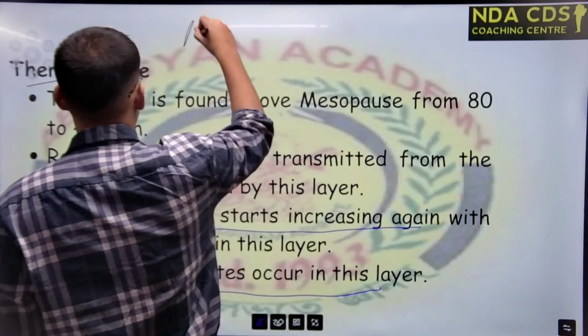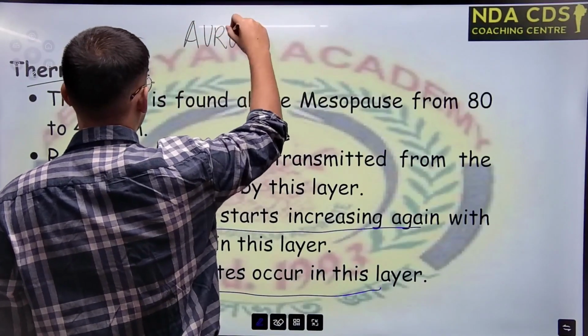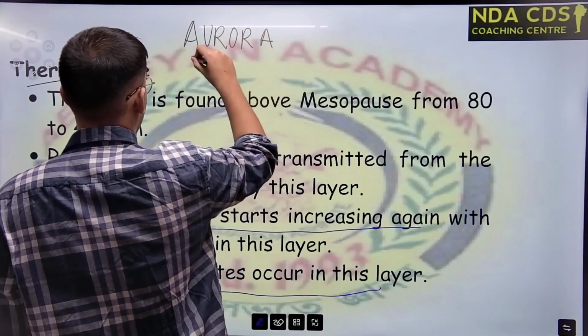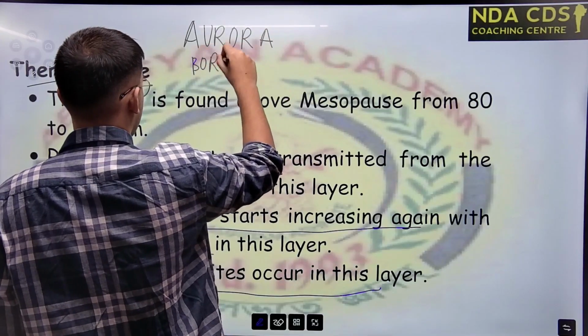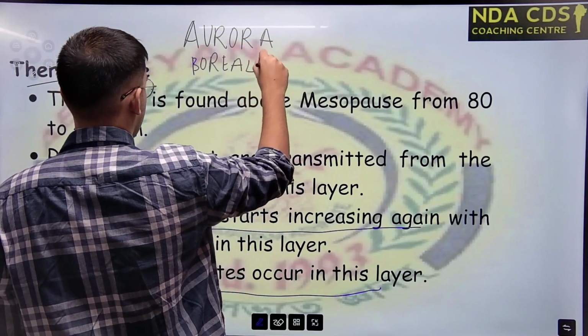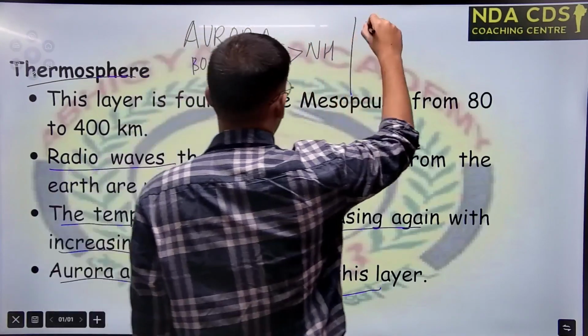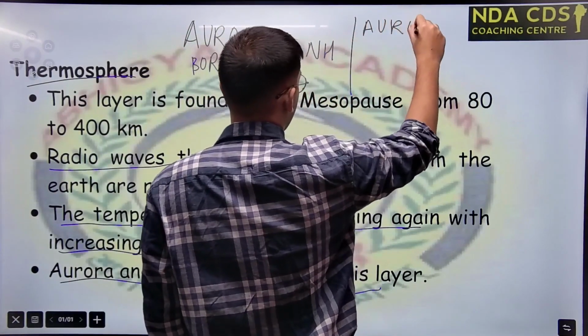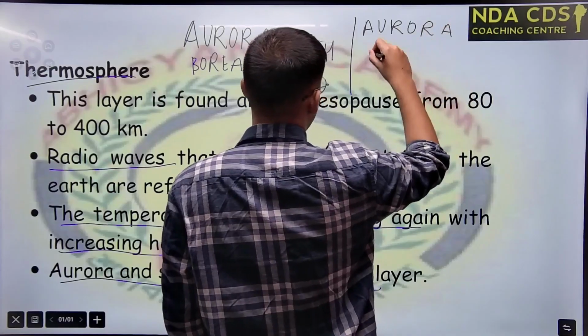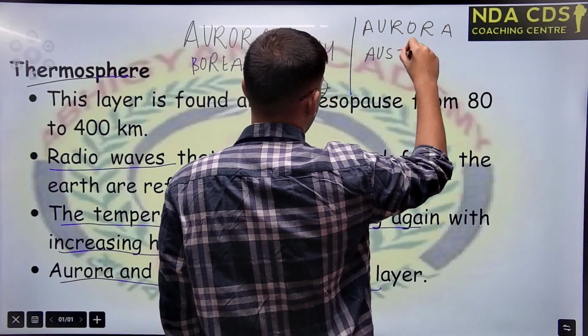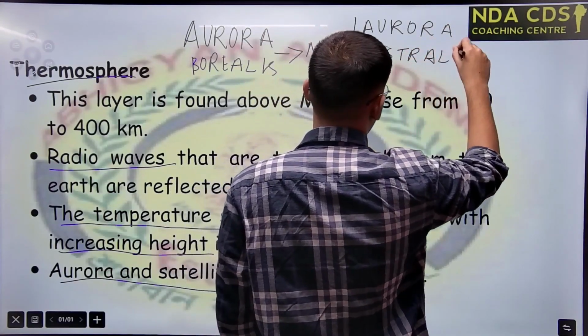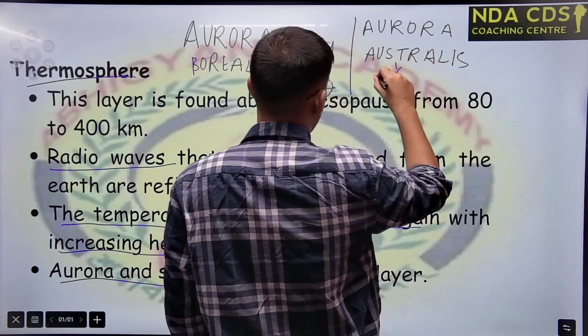You can just write down aurora borealis, that's in your northern hemisphere. Then we have aurora australis, that's in your southern hemisphere.